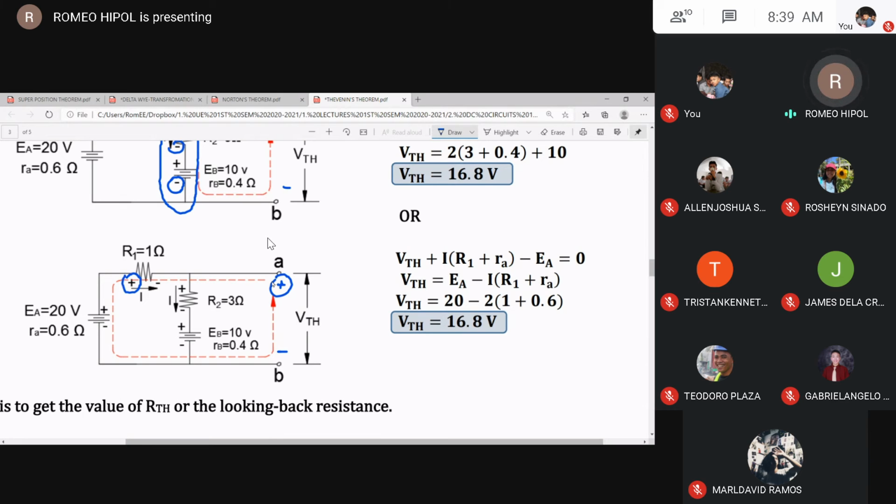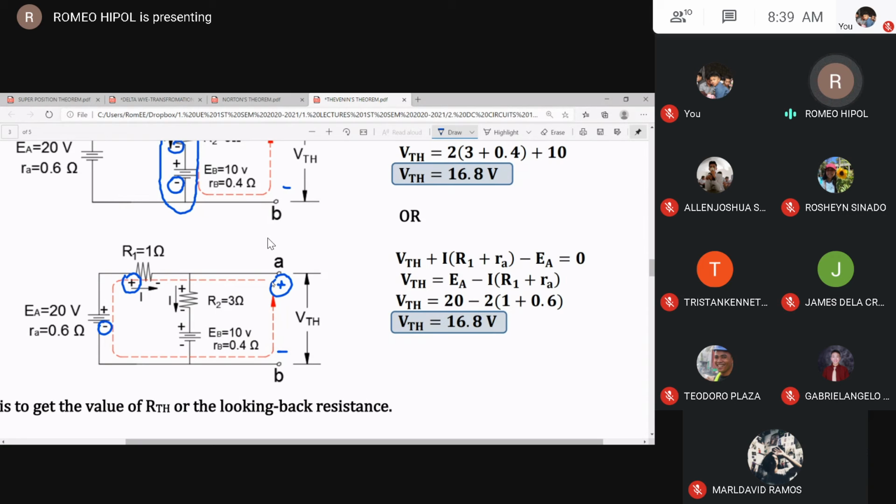So, it leaves the positive terminal with respect to the current flow, yung ating polarity rito. Then, we have a negative for the supply E sub A. So, in this case, VTH plus I times R1 plus RA, actually positive ito, minus E sub A is equal to 0.